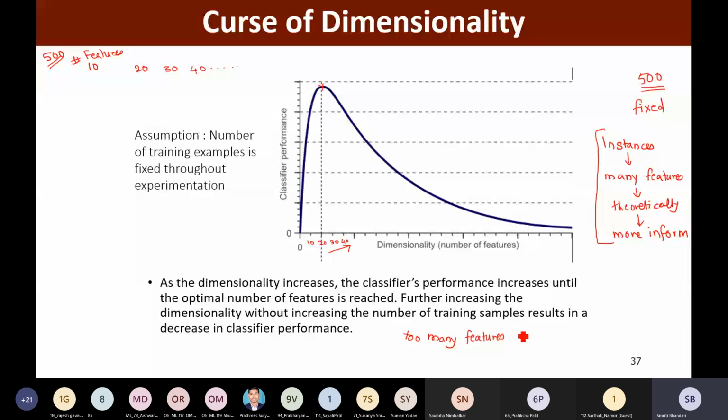If we have too many features, then it results in overfitting, in case of a limited number of training examples. I'll repeat: if I have too many features, then my model overfits if I have a limited number of training examples in my data set.